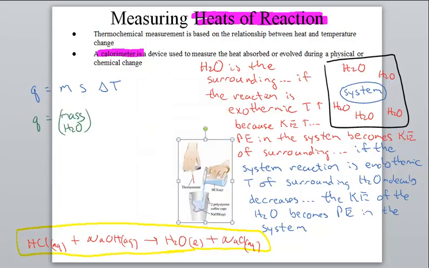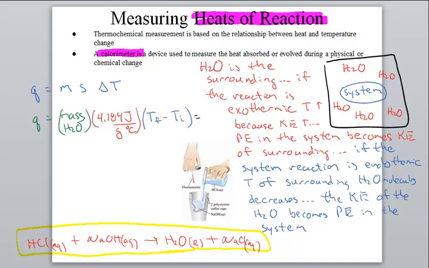And since we're looking at the flow of energy into or out of the water, we're going to use the specific heat of water, which is in your information packet. And we need to know the temperature change. What's the initial temperature of that water, and what's the final temperature of the water once the reaction is complete? Final minus initial. So this is measuring the energy change that goes into or out of the water.